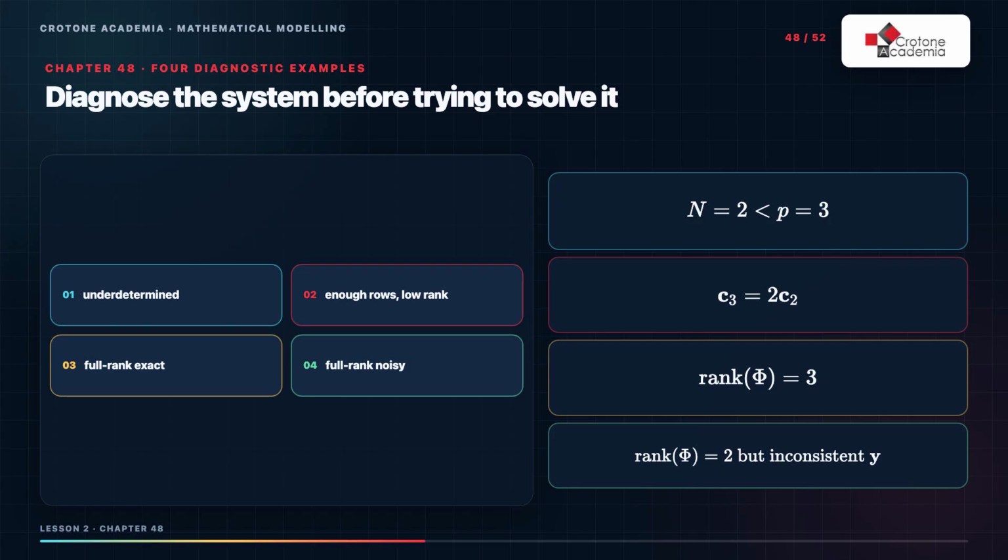Third, the rows 1, 0, 0; 1, 1, 0; and 1, 0, 1 form a full rank exact system and recover weights 1, 2, 3. Fourth, the line design with inputs 0, 1, 2 has rank 2, so slope and intercept are distinguishable, yet the noisy outputs 1.1, 2.9, 5.2 are inconsistent with exact equality. Full rank does not guarantee an exact fit.